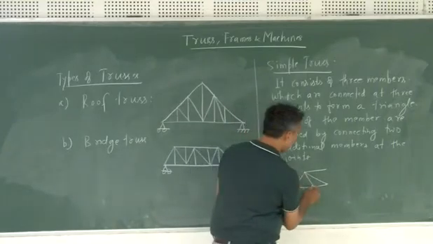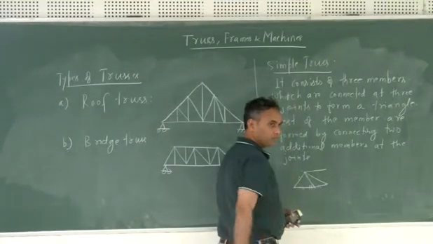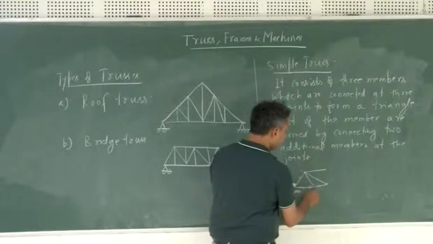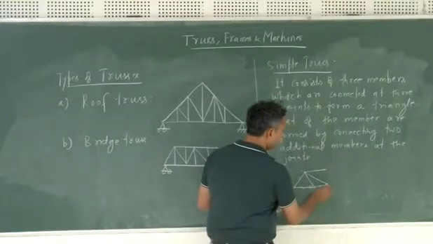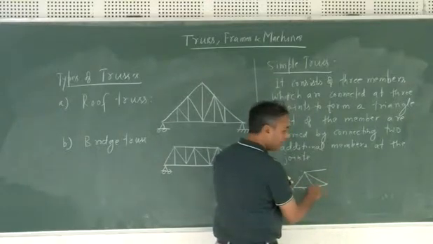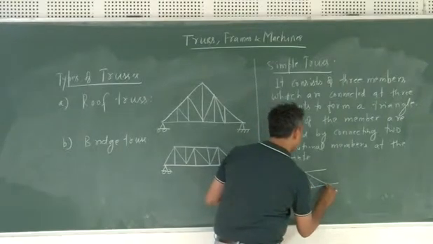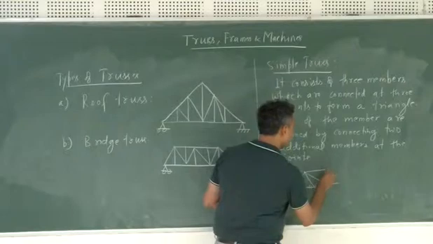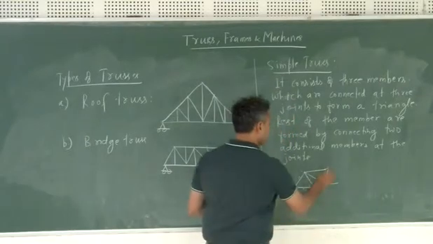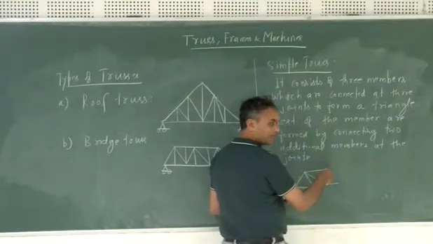So this and this, 2. So with this joint you have two more, and this again forms a triangle. In a similar way here, it is also connecting, right?